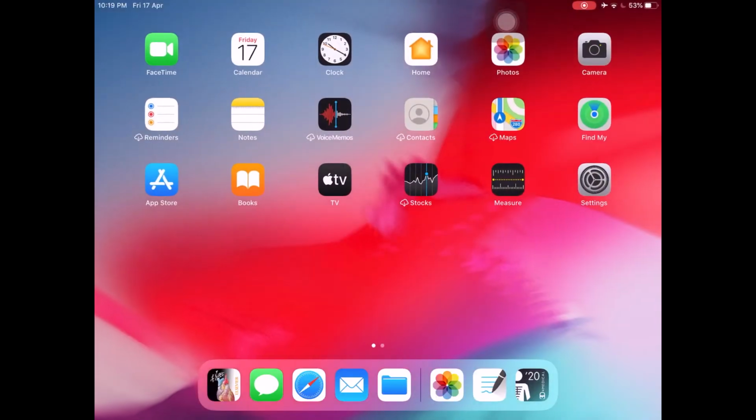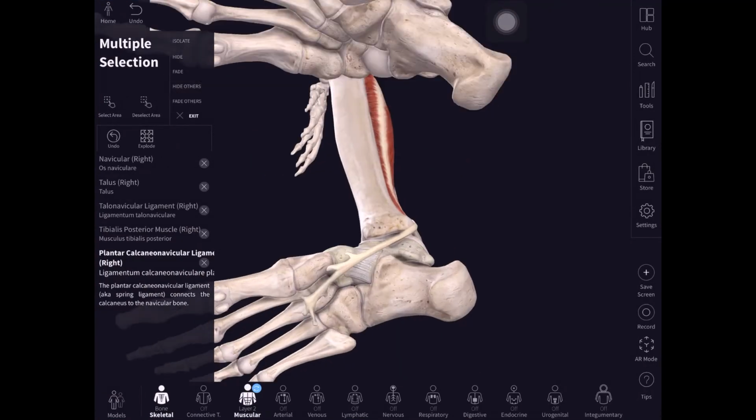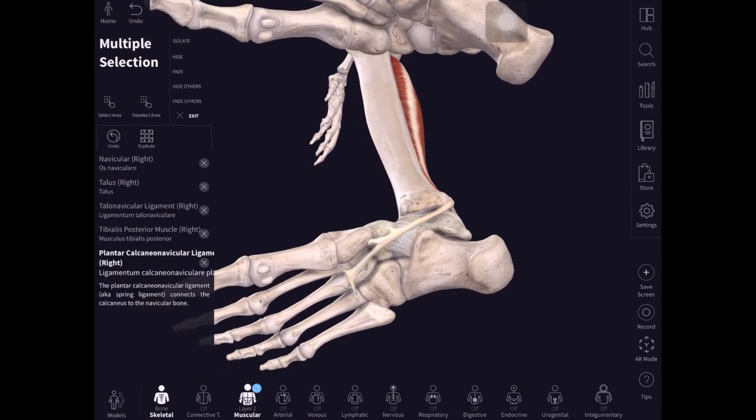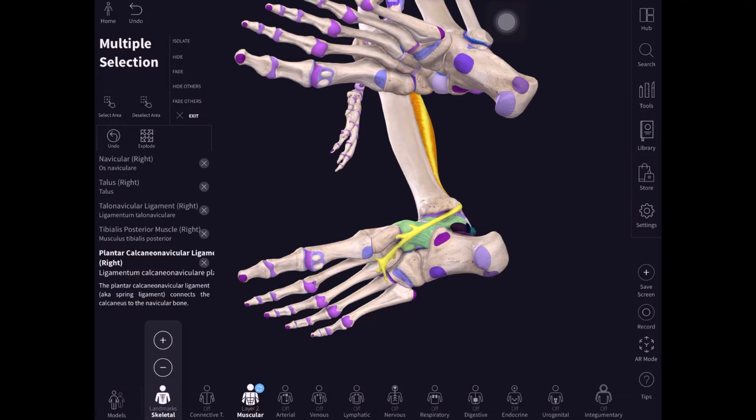So here we cannot make it out so clearly, but we will see in the application. So here we already have the tibialis posterior, and if you want to see the tubercle, let me give a color to it.